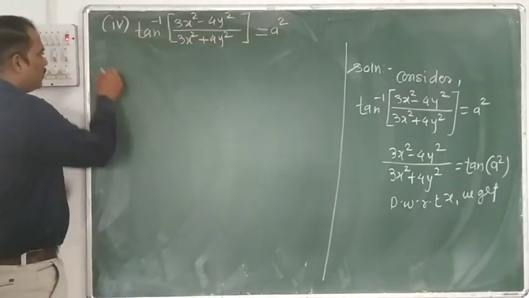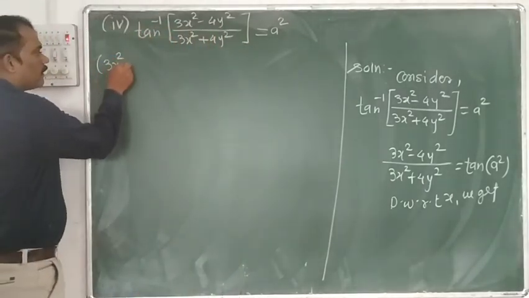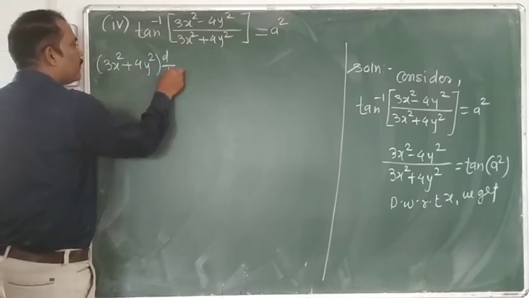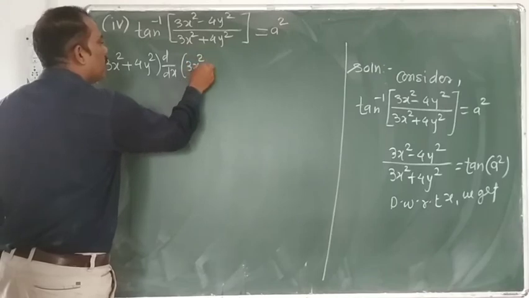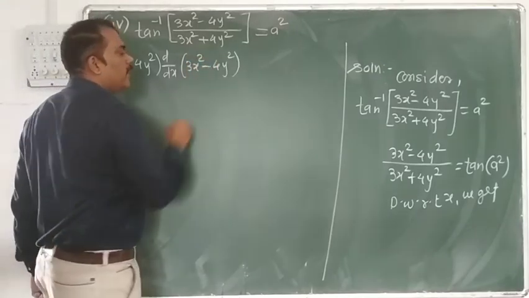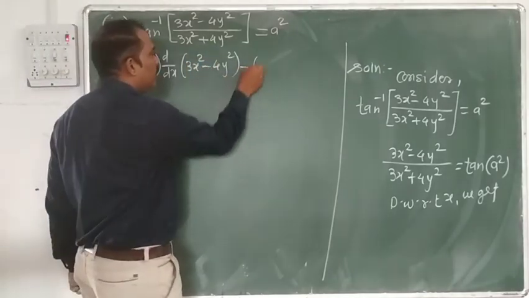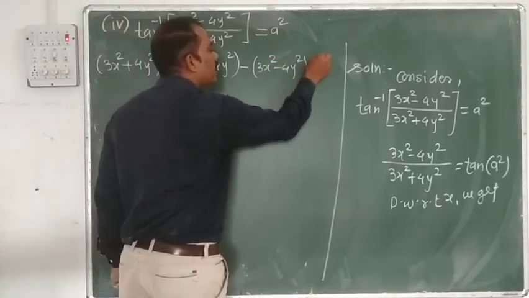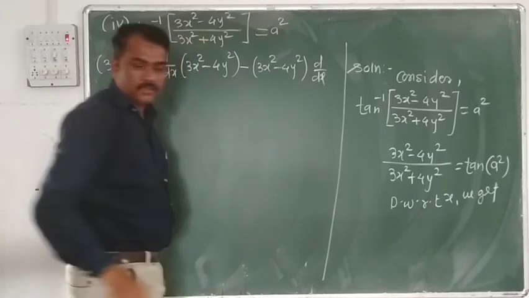So what we get: (3x square plus 4y square) into d/dx of (3x square minus 4y square) minus numerator, that is (3x square minus 4y square), into d/dx of denominator.